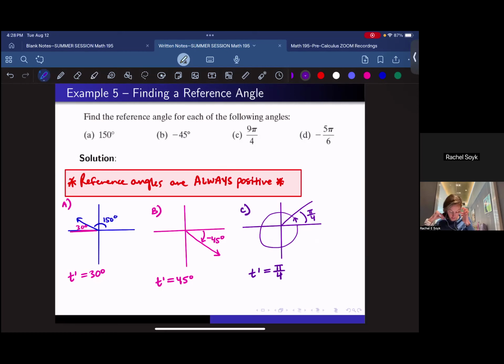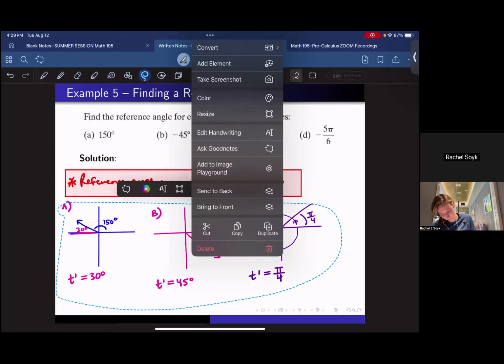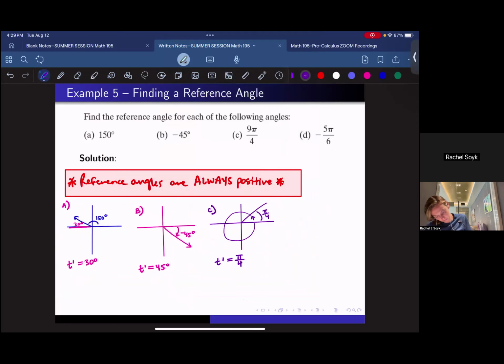And then last but not least, we have our part D. Let me see if I can shrink these, give some more space. So part D, we have negative 5 pi over 6, which is pi over 6 more than just pi, and it's negative, so we go down.